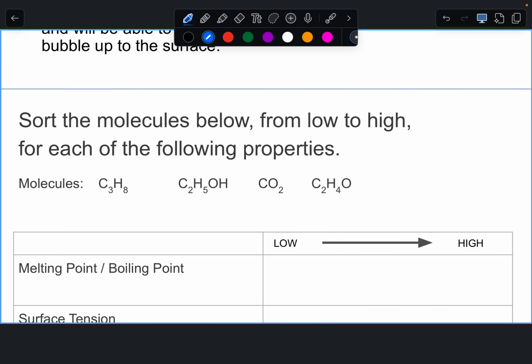Okay, so I want you to take these 4 molecules. I feel like I should have given you the structure for this one, so I'm going to go ahead and do that. This one on the end looks like this. Okay.